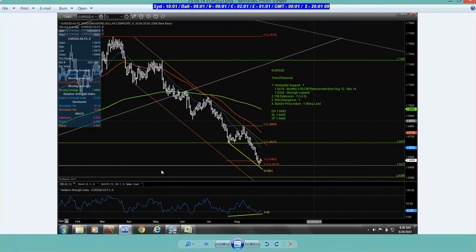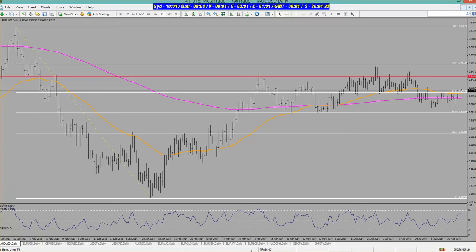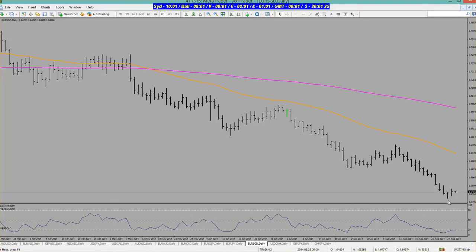Euro Sing. The first thing I don't see is divergence. Whilst it's not really in a channel, and my data in terms of MetaTrader doesn't go back that far, so I want a strong horizontal, but I'm not really seeing divergence.